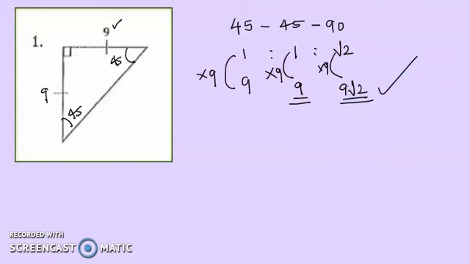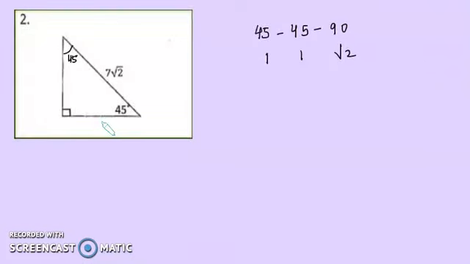Let us take one more example. In question 2, we can see again a 45, 45, 90 triangle, but this time the side facing 90 degrees is 7 root 2, and we are required to find this value as well as this value.